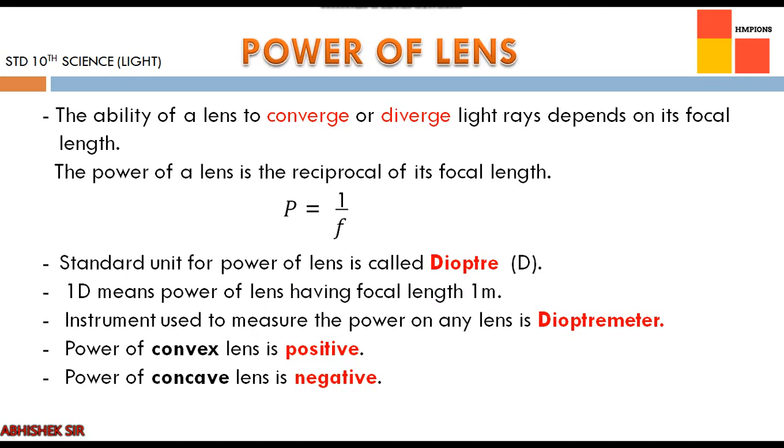Instrument used to measure the power of any lens is dioptometer. So unit and the instrument both start with the same names, so it is easy to remember. One thing we have to keep in mind, that power of convex lens is positive and power of concave lens is negative. This will help when you will solve numericals related to power, right?